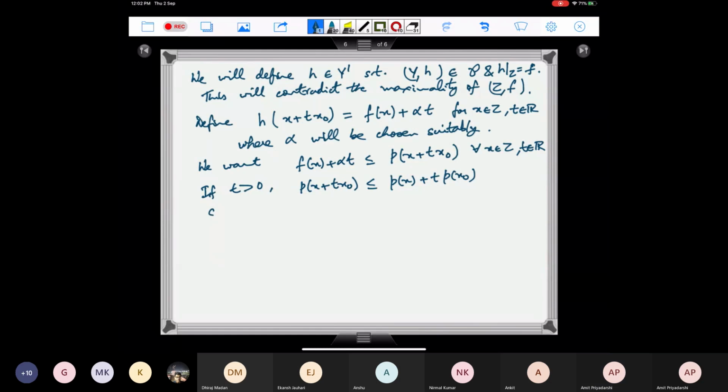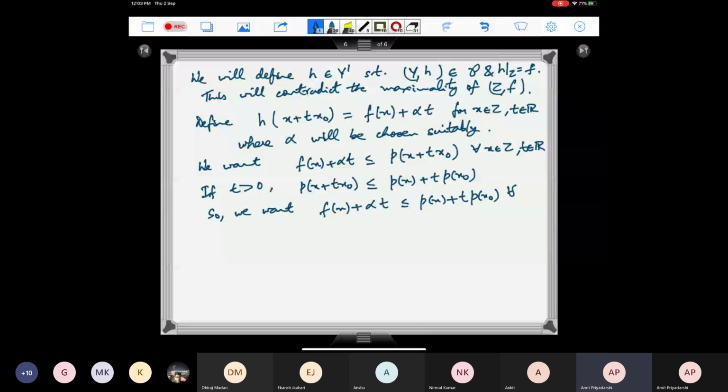So we would get alpha such that f of x plus alpha t is less than or equal to p of x plus t p of x naught for all x in Z and t positive.